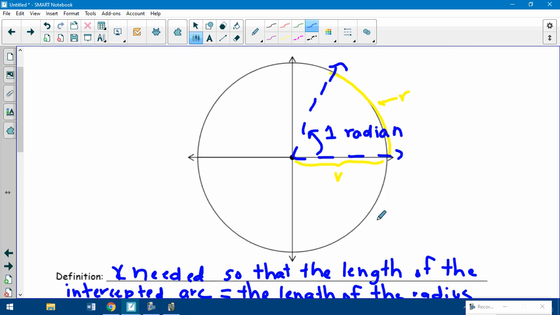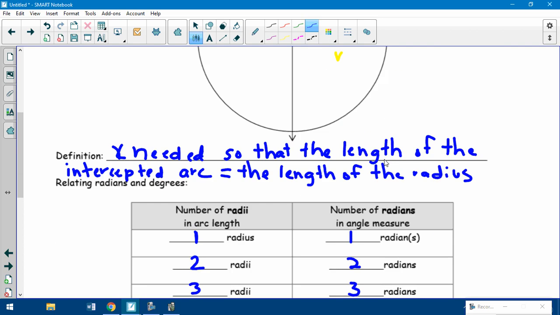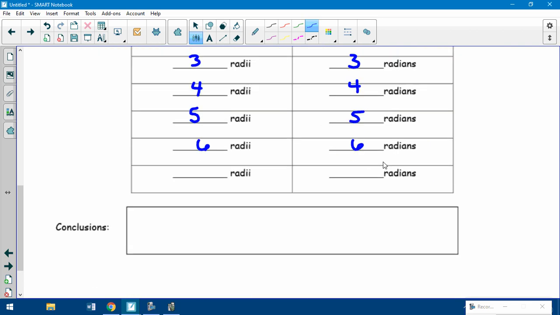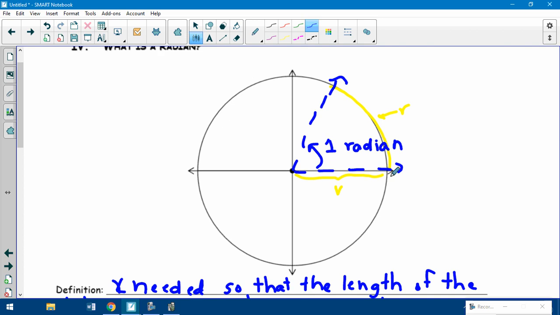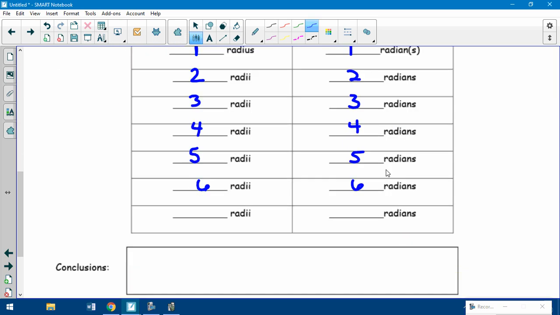Now let's talk about what would happen if I went all the way around the circle. How many radii would that be? Do you remember from geometry, what's the length around the edge of a circle called? Circumference. What's the formula for circumference? Some of you might be thinking pi d, but I want it in terms of the radius.